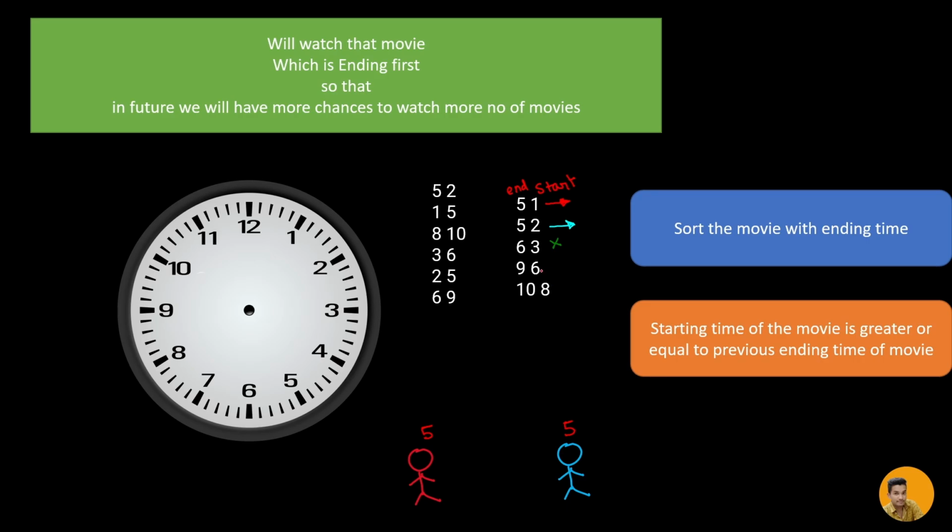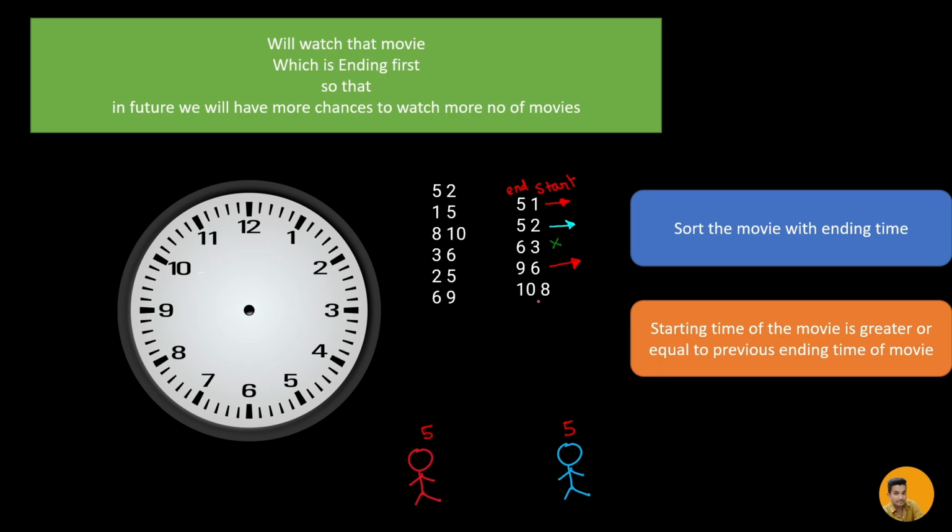It starts at 6, and in our list this member is finished, and this one is also finished. So we can pick any of them, but if, let's say, one was finishing at this time and another at, let's say, 6, we'll pick this one. Okay, we'll see this later. So this member will watch this movie, and now comes this movie.